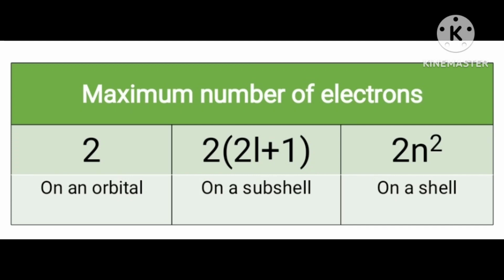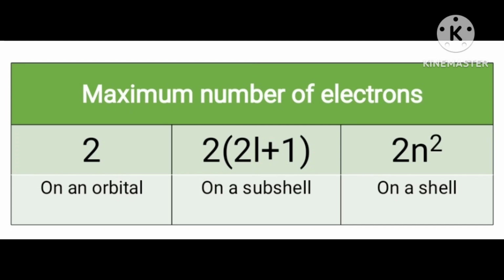And these are the formulas for finding the maximum number of electrons. On an orbital, we know we have maximum 2 electrons with different spins. On a subshell, the number of orbitals is 2l plus 1, so if on one orbital we have 2 electrons, to find the number of electrons on the subshell, we multiply this formula by 2.